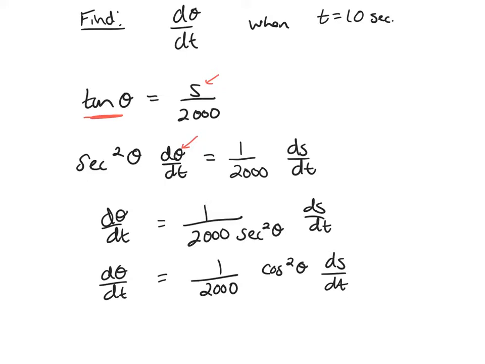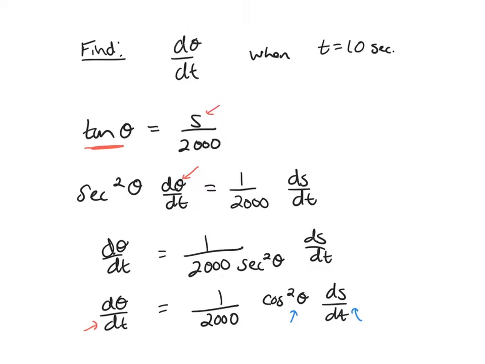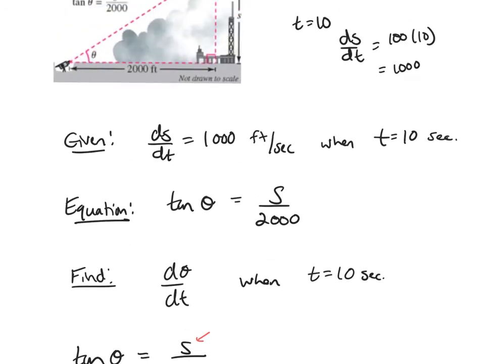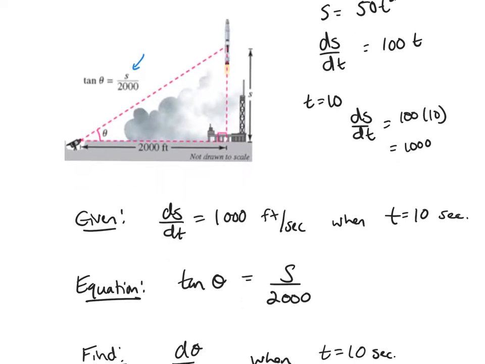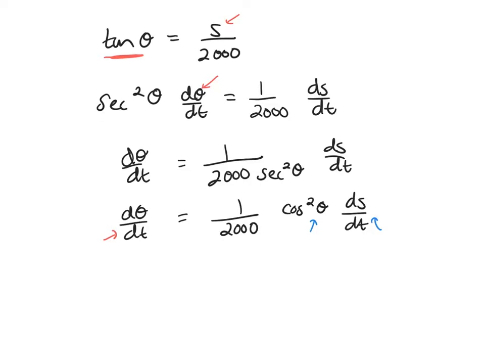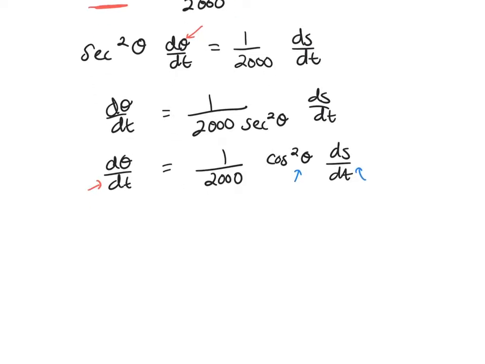All right, so now, remember I'm trying to find this. I know ds/dt, but I don't know cosine of theta. So I'm going to need to go back up to my picture and figure out what cosine of theta is. Let's redraw our picture so it's a little bit easier for us to look at. Here's theta. This distance was 2,000.